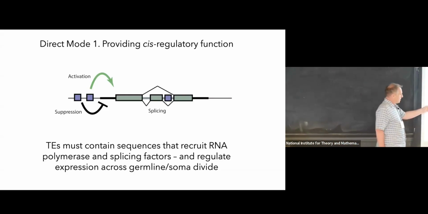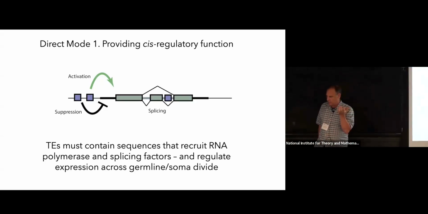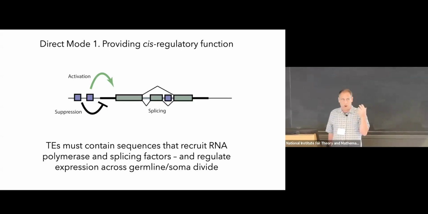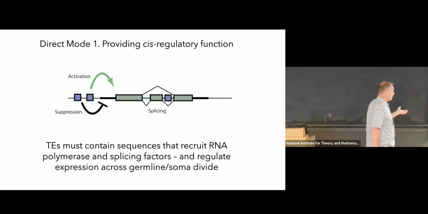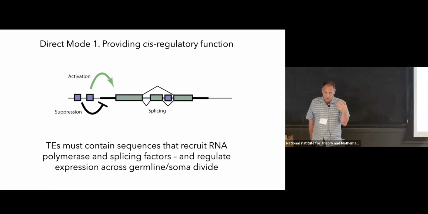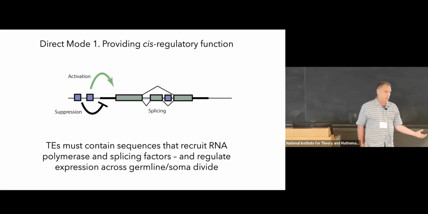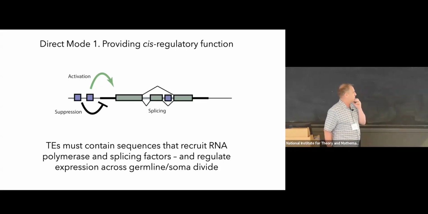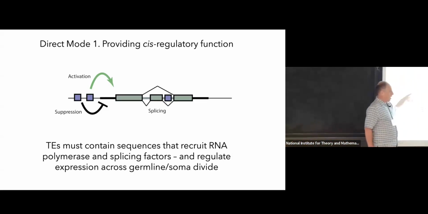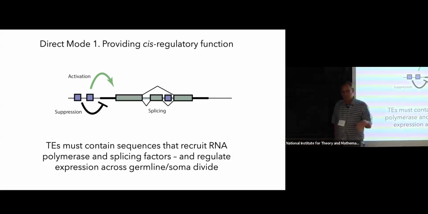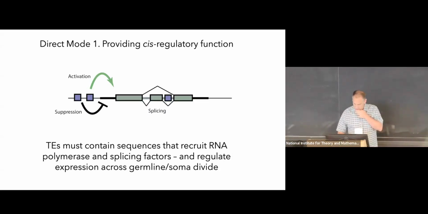The TEs have to contain sequences that recruit host RNA polymerase or splicing factors. They also have to regulate their expression, either in the germline or to prevent expression in the soma. So there are regulatory functions within the context of the way that the host regulates genes.